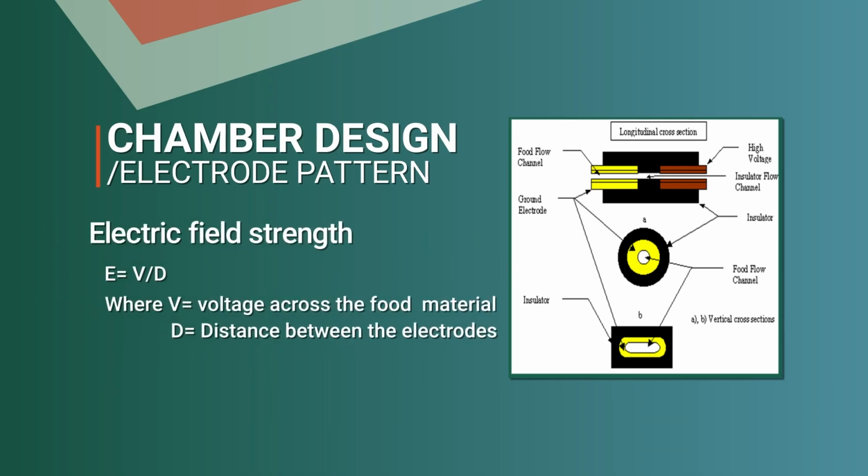So a larger D, which is in the denominator, will reduce the electric field. So that opening is kept not much higher. That's also a limitation of this particular method. You cannot have very high flow and throughput through the chamber.